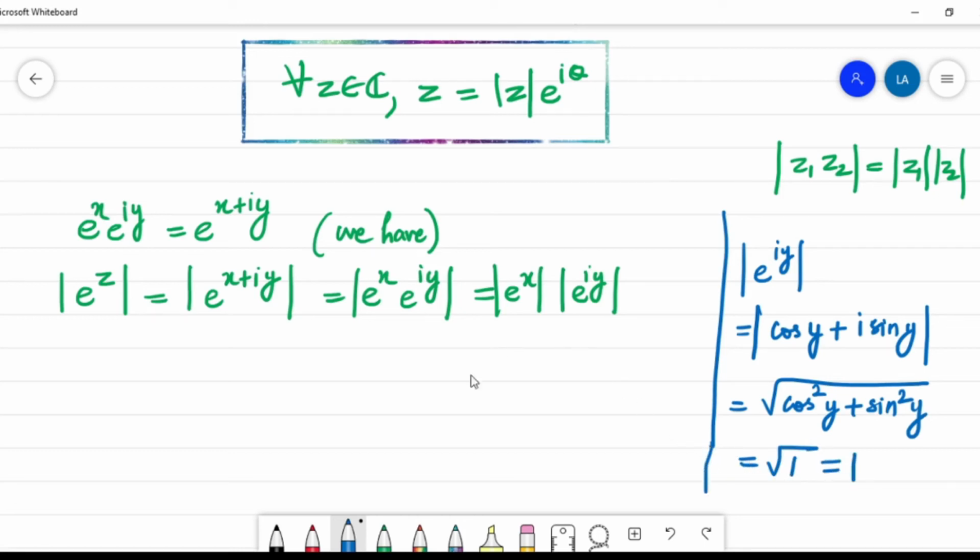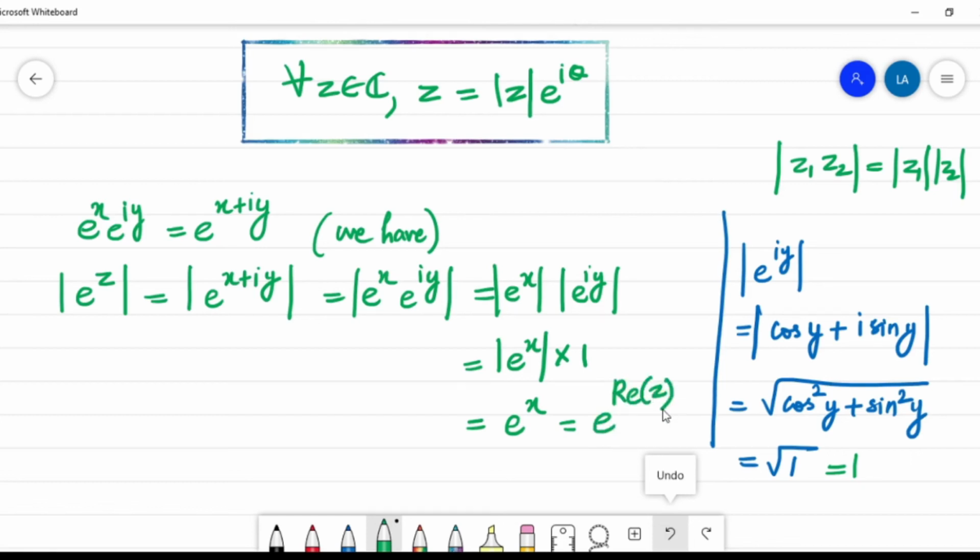So, we just proved that this is equal to 1, okay, and this is equal to modulus of e raised to x into 1, okay, but x is a real quantity. So, modulus of e raised to x is nothing but e raised to x itself, okay, and what is x? It is the real part of z. So, this is equal to e raised to real part of z.